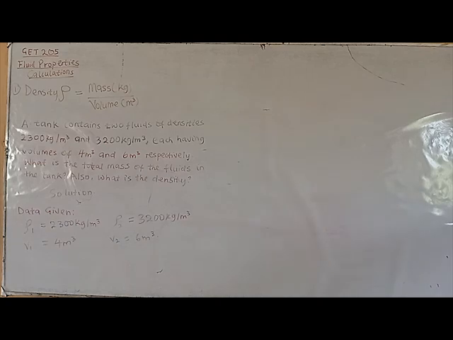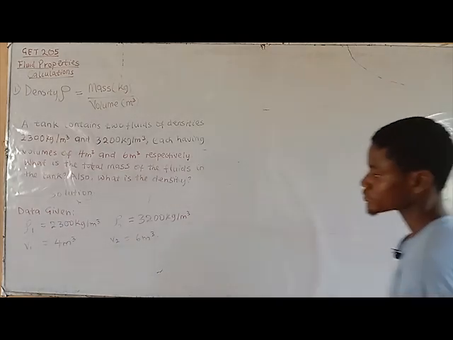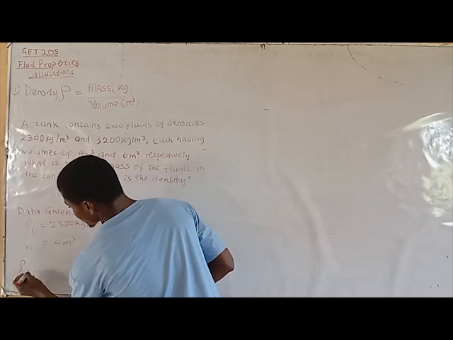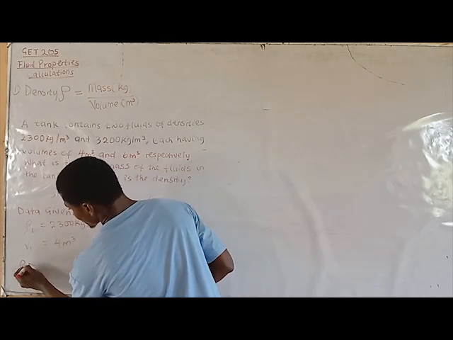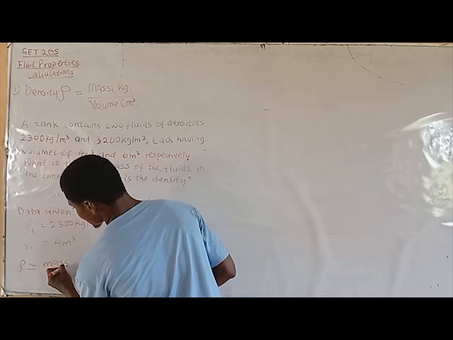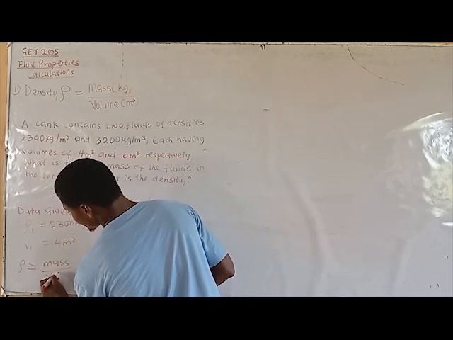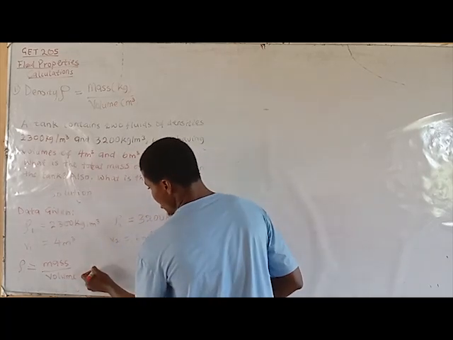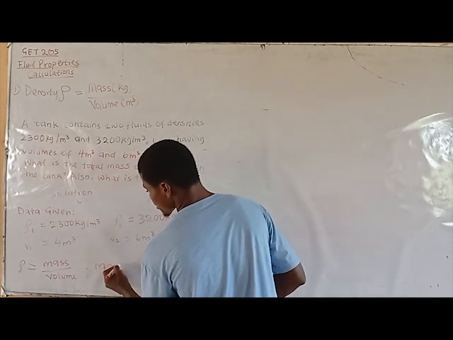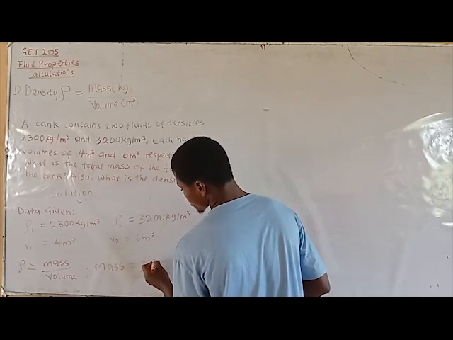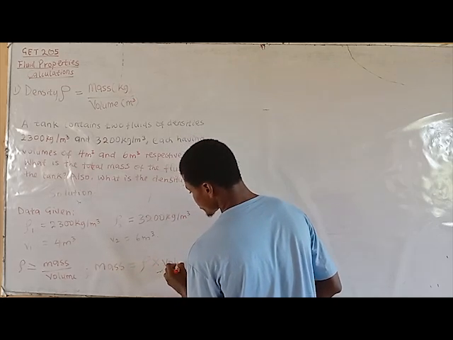So for the first part, we know that density equals mass over volume. This means that mass equals density times volume.